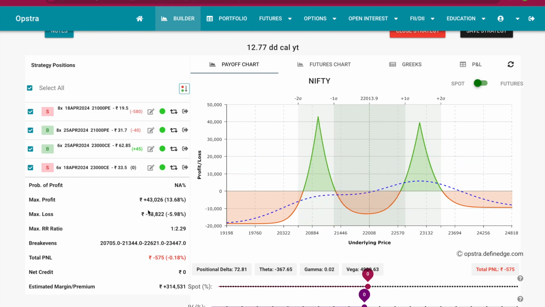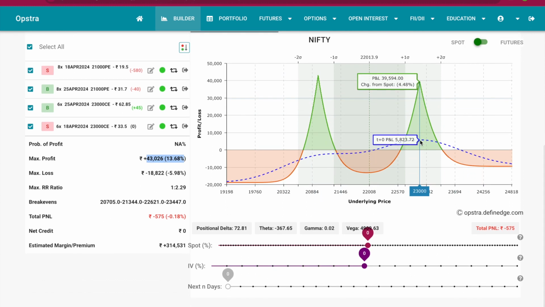So here the peak profit is like 43,000. So again, if we can gain 20,000 odd levels from here, it would be a great achievement. So let's see how we book it as and when one side goes beyond the 2 sigma, we'll keep coming in.